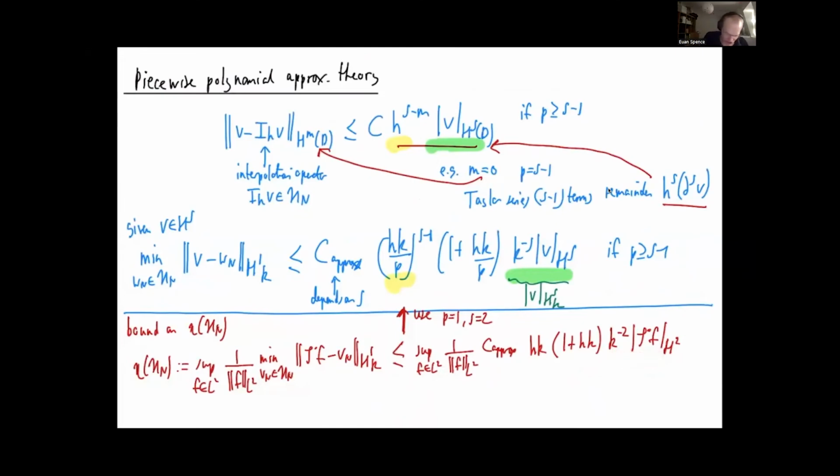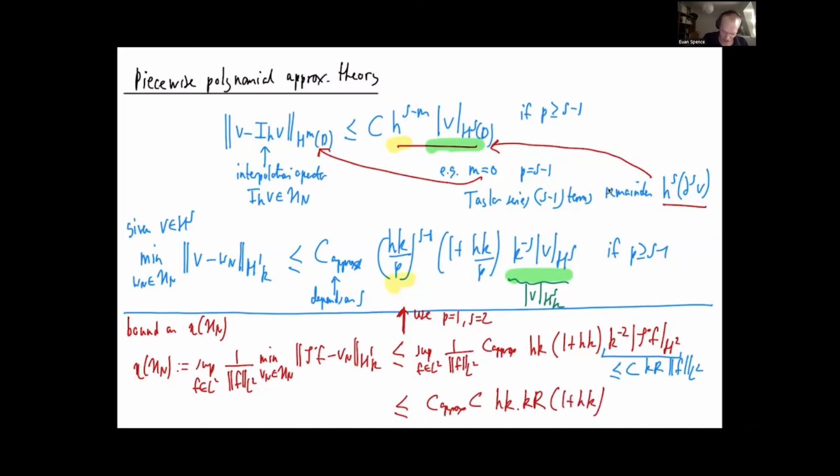So this is less than or equal to some constant times k times R times the L2 norm of f. That was the final piece of knowledge about the Helmholtz solution operator we're going to use. Therefore I get C approx and some constant, hk times kR, then 1 plus hk.